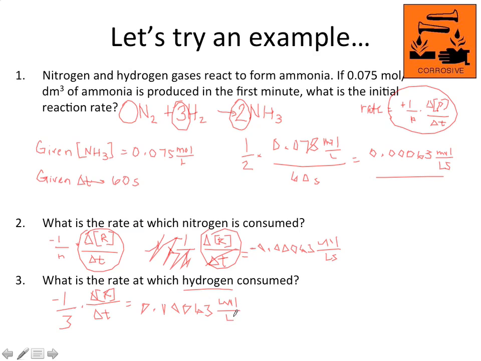So to get rid of this, I'm going to multiply both sides by a negative 3. Cancels it out on this side. And I get a final value equal to negative 0.0019 moles over liter seconds.